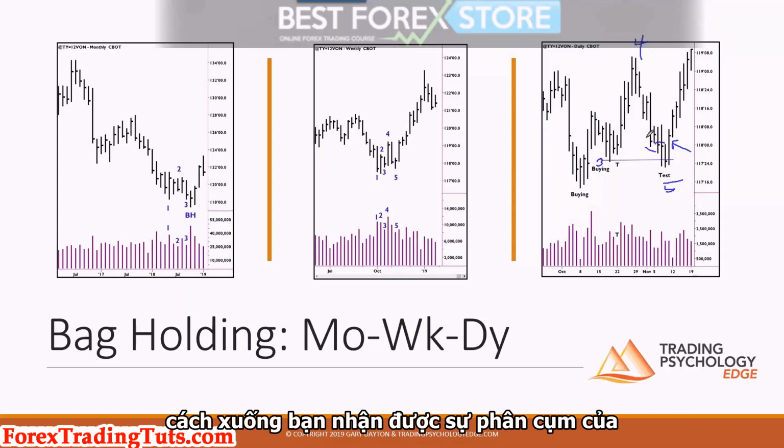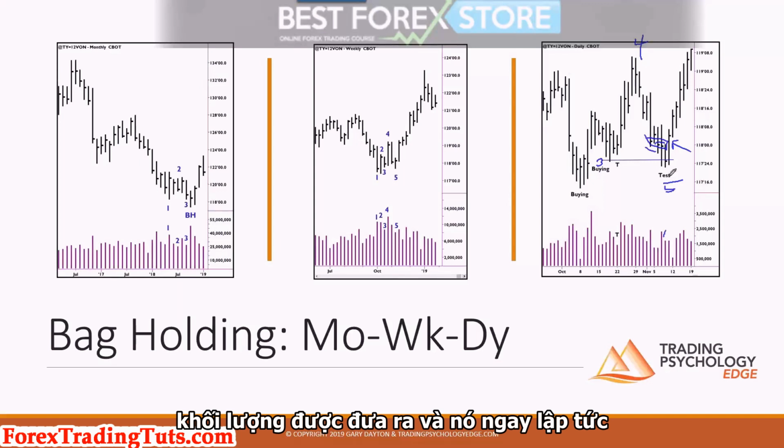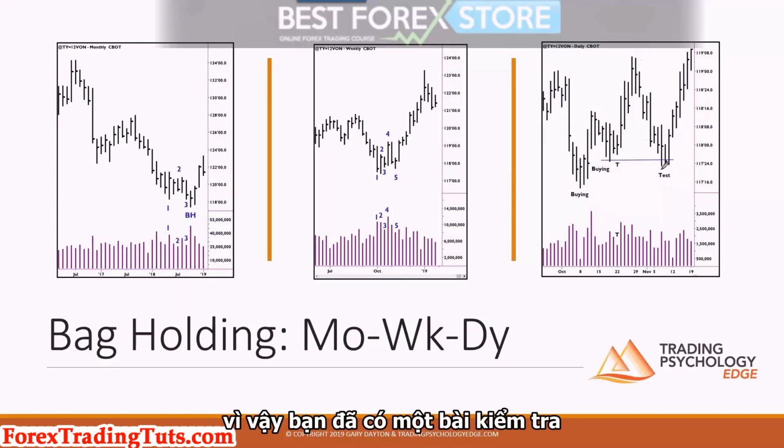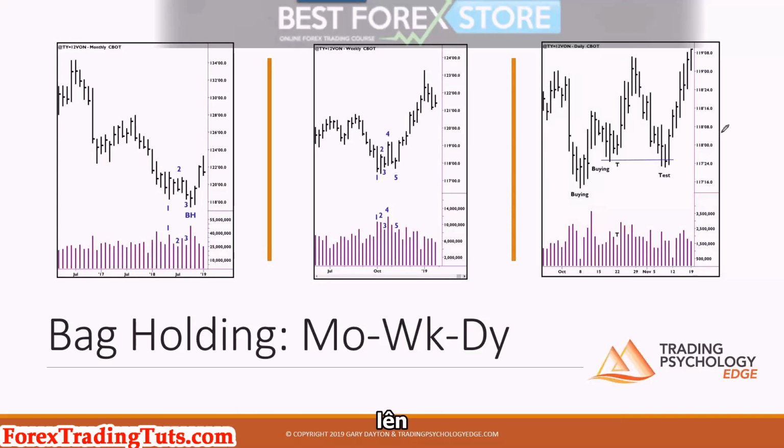You get the clustering of closes across here. We dip down once, no volume is brought out, and it immediately reverses. So you've got a test after buying has come in, bag holding on the higher time frames, and good indications that we want to go up on the intermediate.